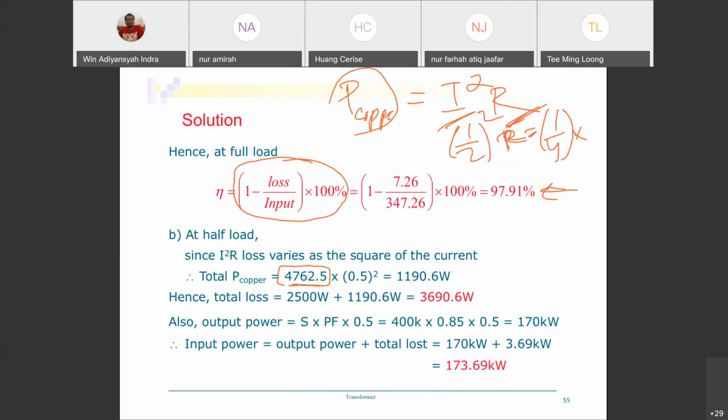The new total copper is this one, due to the half load.